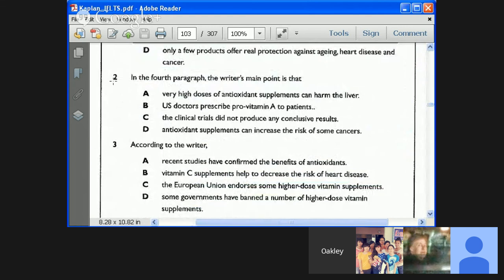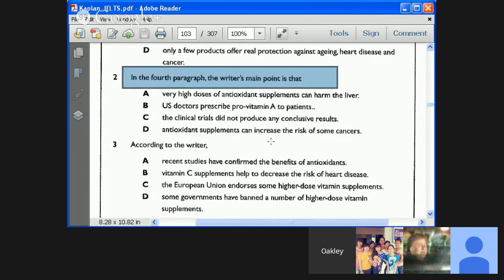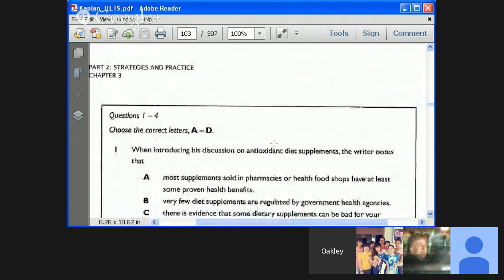Okay, let's see how fast we can come up with this. In the 4th paragraph, the writer's main point is that, okay, now you may take the direct route here and see if you can figure it out. Okay, here's another technique that you can use.